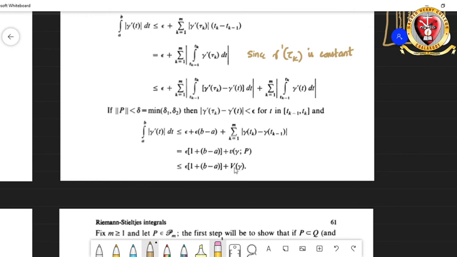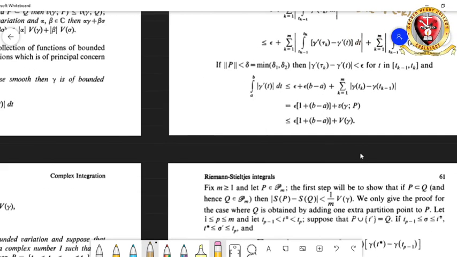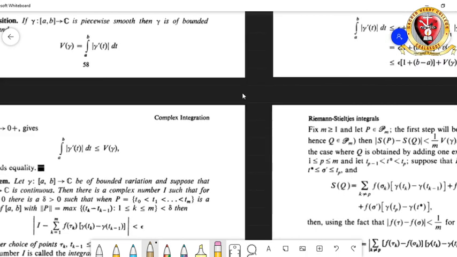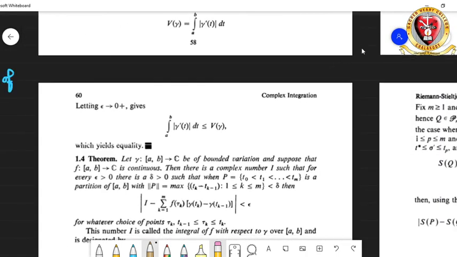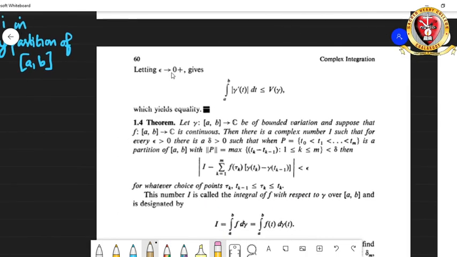Obviously total variation is the supremum of all such possible sums when we vary the partition p. So this will be definitely less than or equal to this term. Now what you have to do is make our epsilon go to 0 plus, and that gives the integral from a to b of modulus of gamma dash of t dt to be less than or equal to v of gamma.